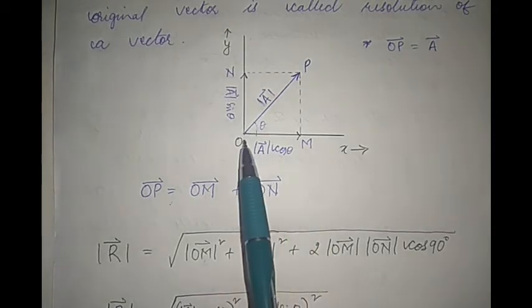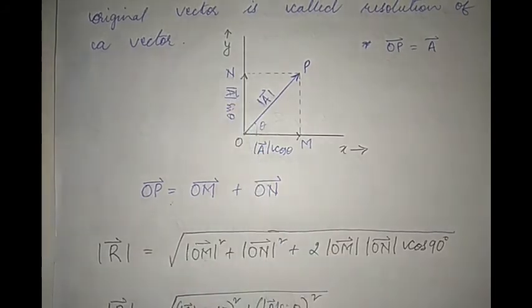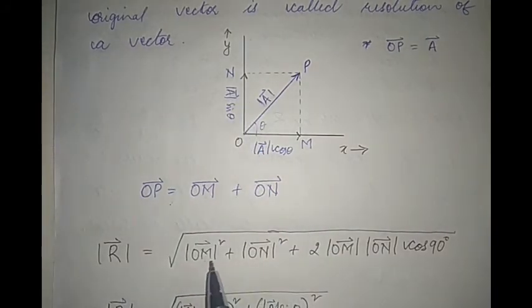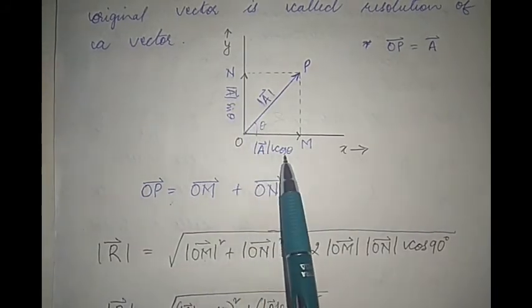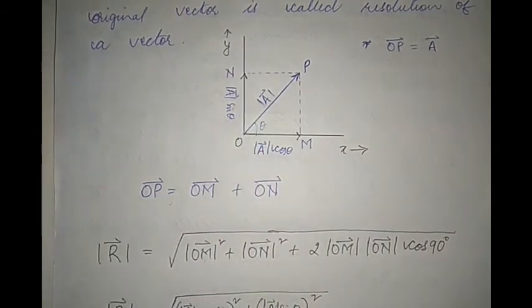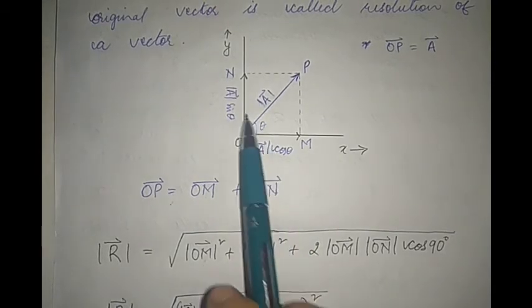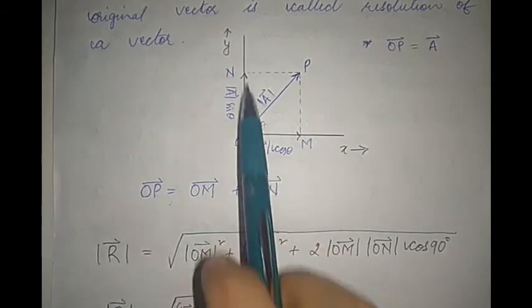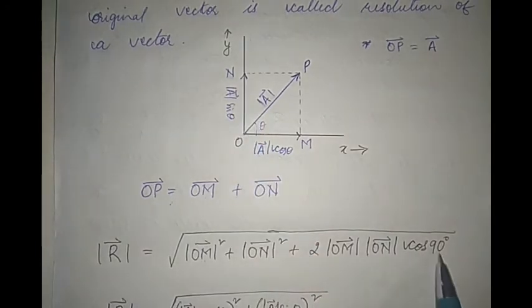Here vector A, I'm calling OM, and vector B is ON. The magnitude of OM is A cos theta and the magnitude of ON is A sin theta. By the way, since the angle between these two vectors OM and ON is 90 degrees, and cos 90 is 0, the third term on the whole becomes 0.